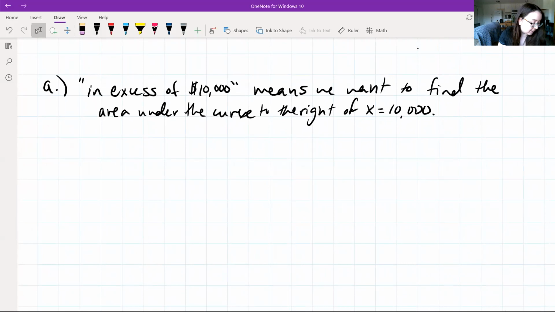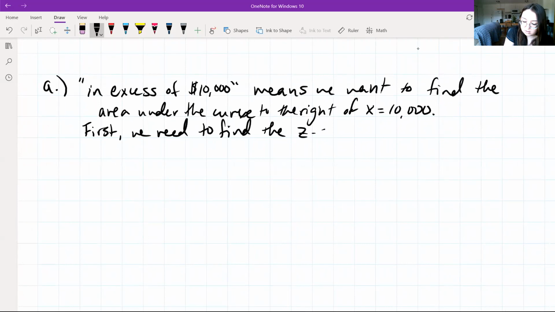First, we need to find the z-score for x. Remember, our z-score is equal to x minus the mean, divided by the standard deviation.